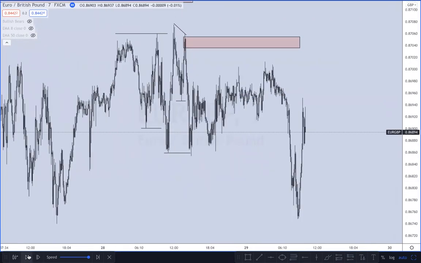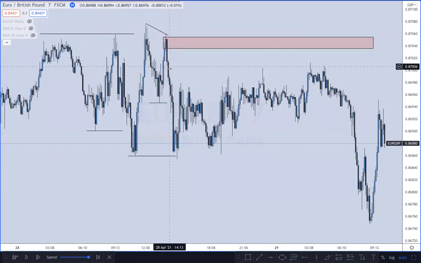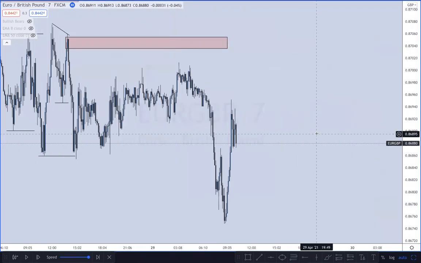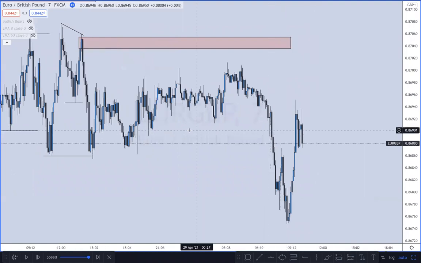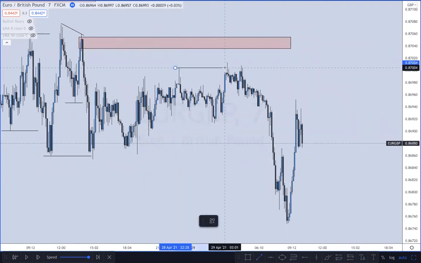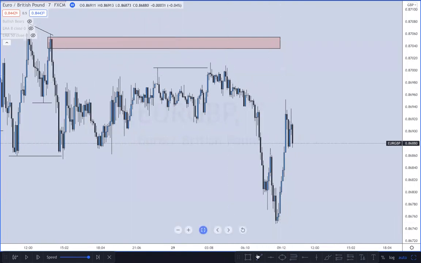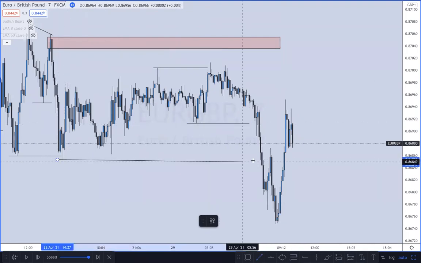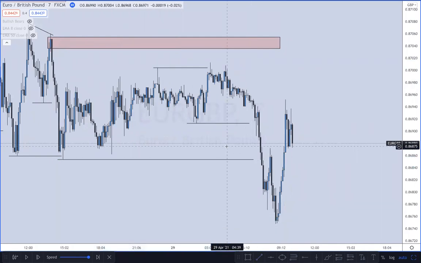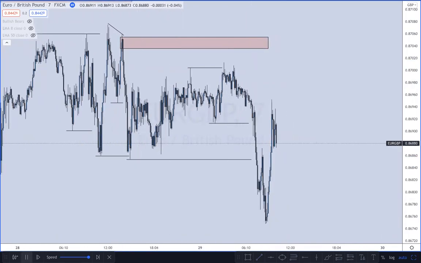Right there, we dumped into the fair value gap, and then we slammed. Here, another entry. Breaker market structure. And a major breaker market structure. Sell entries coming.